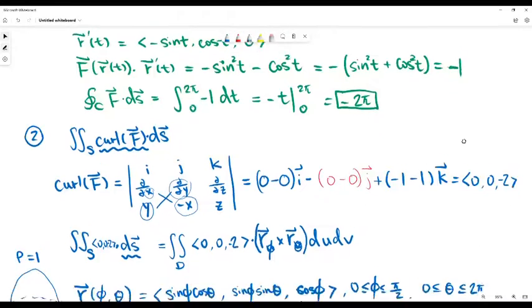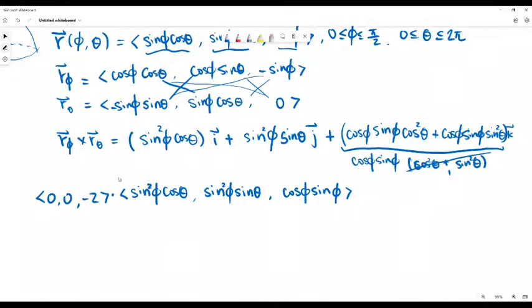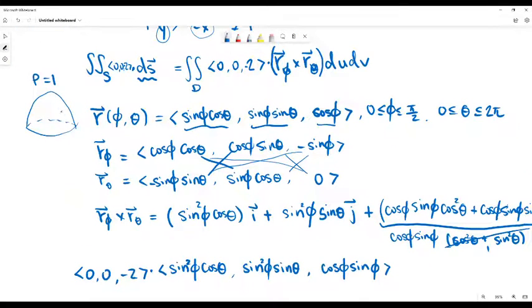And for our cross product here, which is the normal vector we're using, if our phi is between 0 to pi over 2, then all of these terms are positive, so we are pointing in the outward direction in the first quadrant. If theta is elsewhere, then it would be pointing the other way.